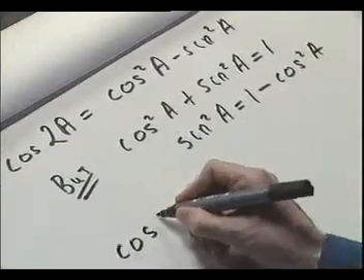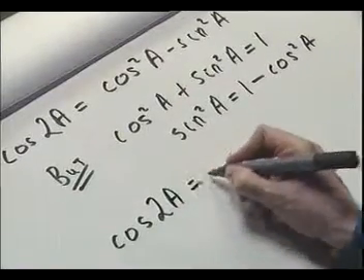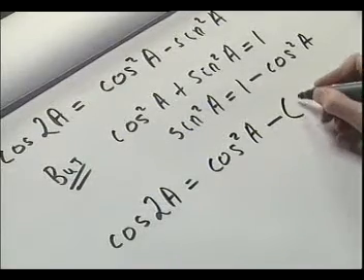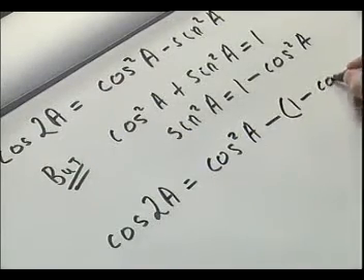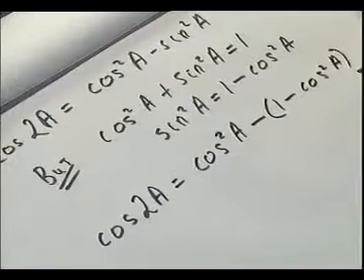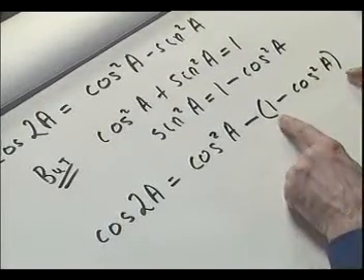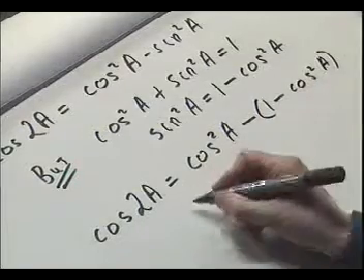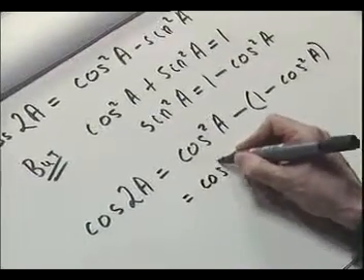So we'll have cos 2A is cos squared A minus (1 minus cos squared A). Using the brackets, notice, to show I'm taking away all of it. And now let's remove the brackets.